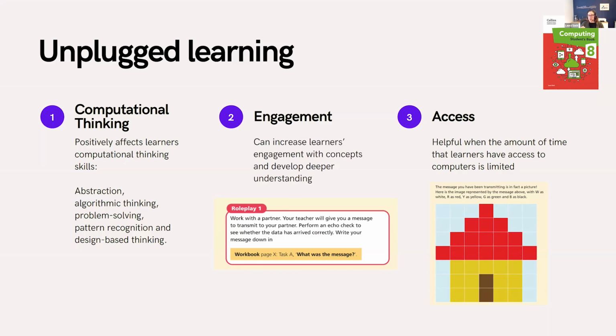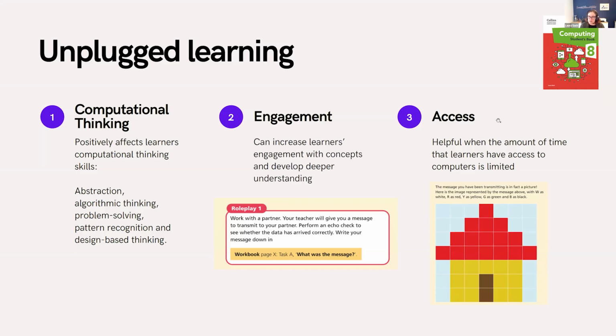Well, if you get them to actually do the echo check themselves and act as the computer, then that suddenly becomes real, and it increases their engagement with the concept that you're trying to teach. And hopefully that means they understand it on a more conceptual level, rather than just remembering what an echo check is and what it does.